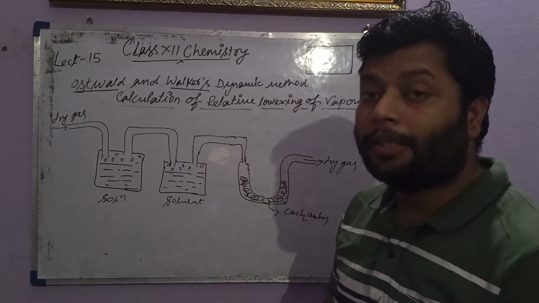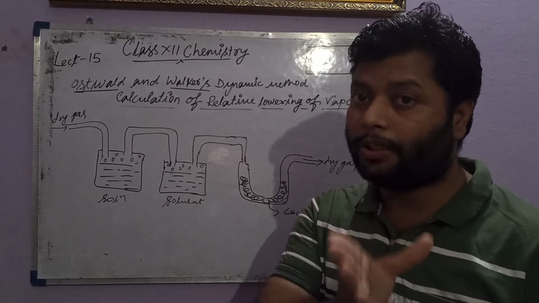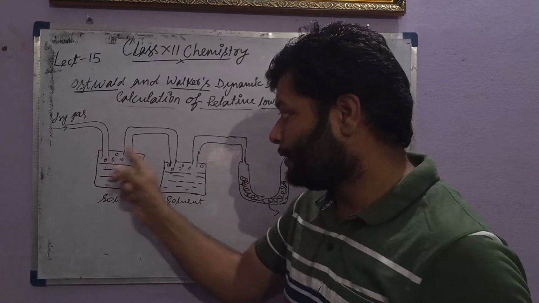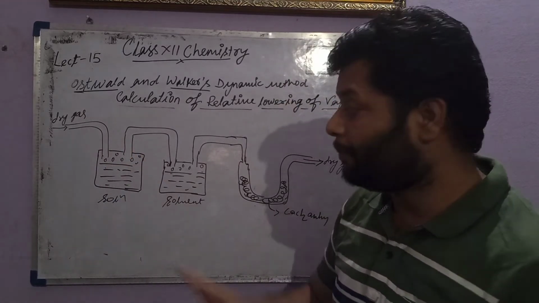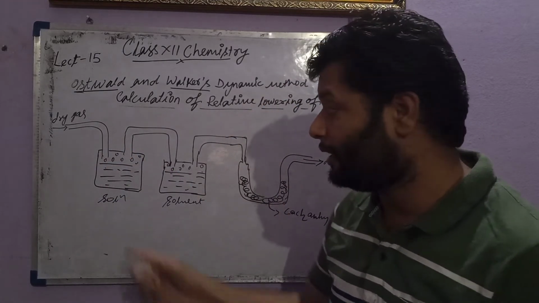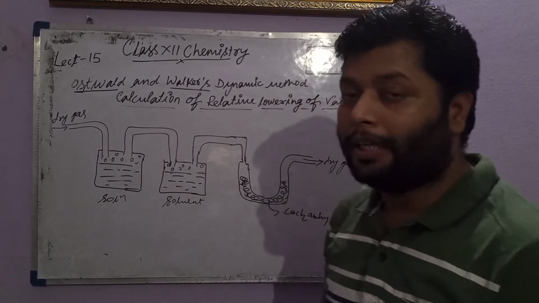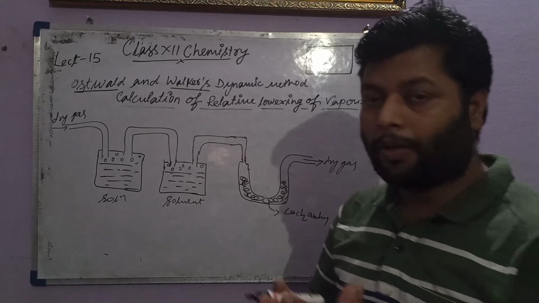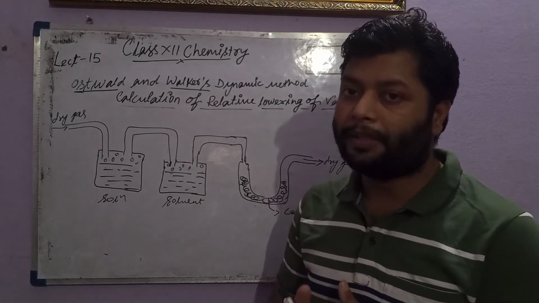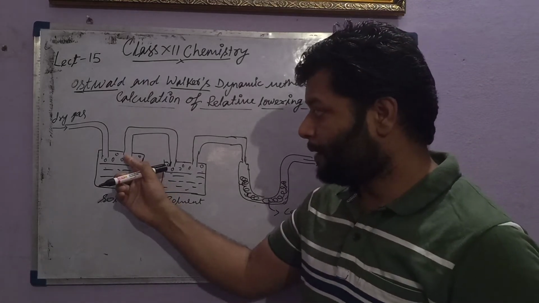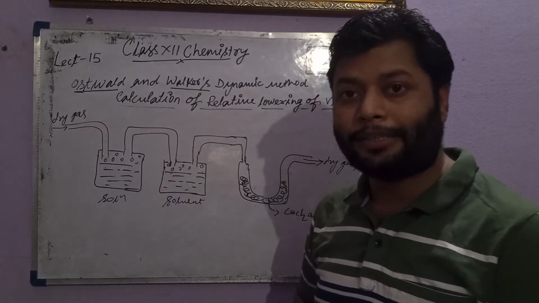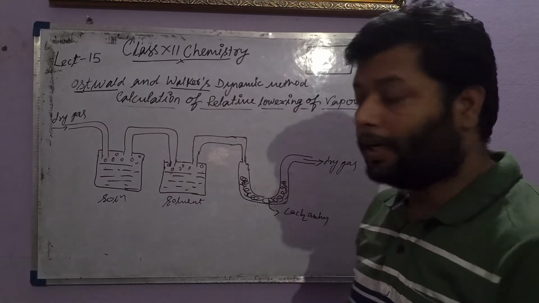Dry gas means there is already an absence of moisture, and that dry gas then mixes with some of the moisture present over the solution, because the solvent is volatile and produces vapor here. I'm taking P as the vapor pressure of the solution. That vapor of the solution mixes with the dry gas, and the dry gas becomes weighted.